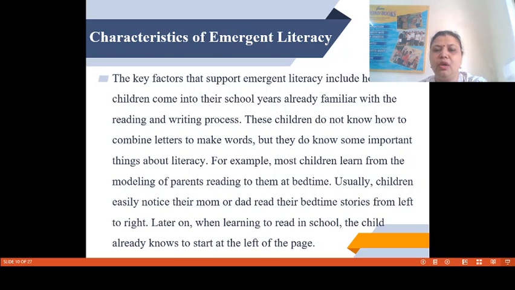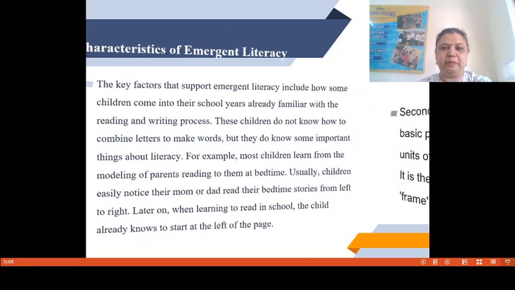For example, most children learn from the modeling of parents reading to them at bedtime. Usually, children easily notice their mom or dad reading their bedtime stories from left to right. Later on, when learning to read in school, the child already knows to start at the left of the page first.